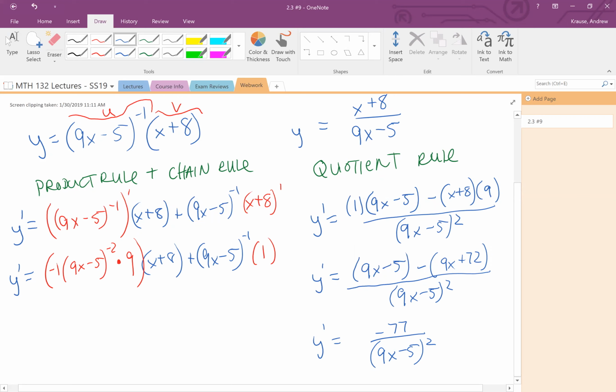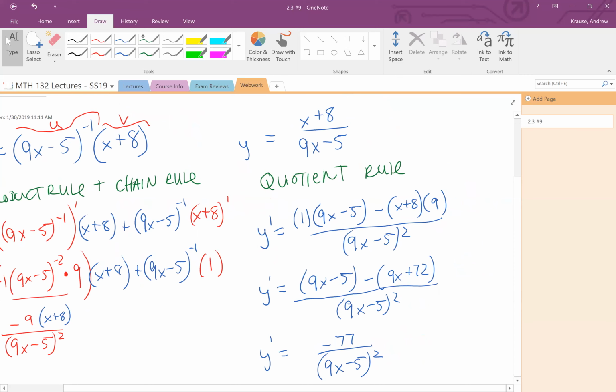But now, can we get these to kind of look similar? Because this is looking kind of weird here. Let's just play around with this for just 1 second. So this first factor here, this is really negative 9 over 9x minus 5 squared. And that x plus 8 is on the top.